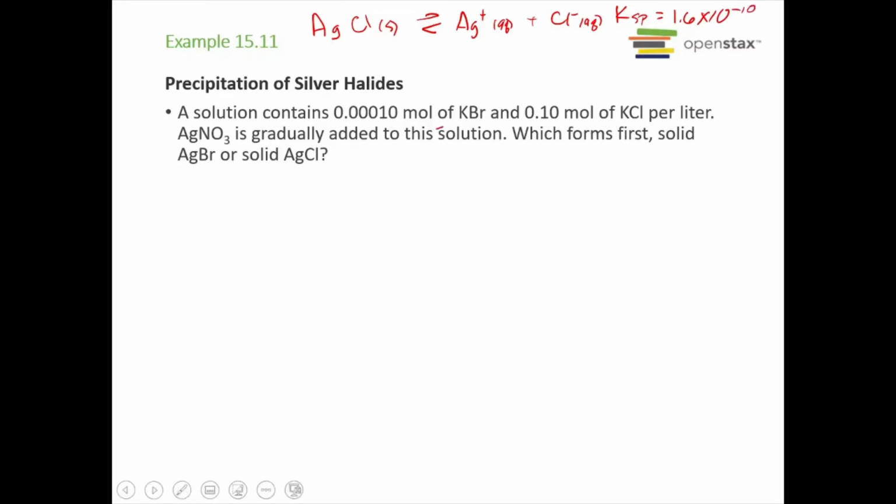And then our other one is AgBr, and this one's KSP is equal to 5.0 times 10 to the negative 13th power. So if this had equal concentrations of chloride and bromide, then the salt with the smaller KSP, which is the silver bromide, would precipitate first, but they're not equal. So we have to do math.